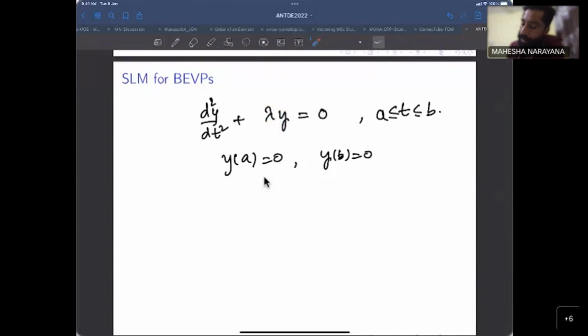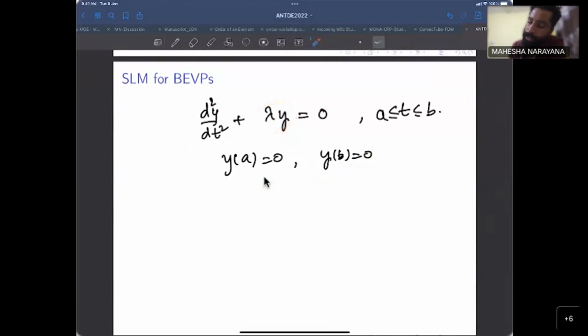So what you could do is treat lambda as an additional variable. If lambda is treated as an additional variable, then lambda y can be treated as a nonlinear term. Even though it's a linear problem, you can treat that as a nonlinear term and use the successive linearization method as you did in the case of BVP.